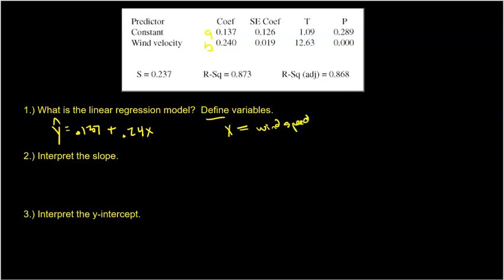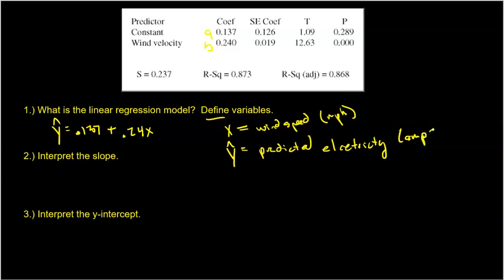I get a lot of kids that will try to talk about slope and y-intercept. Those are not variables, those are coefficients. And then again, make sure we have units here, miles per hour. Sorry, I'm being a little messy. I'll try to be nicer. The y hat is the predicted electricity. And they said that was measured in amps.